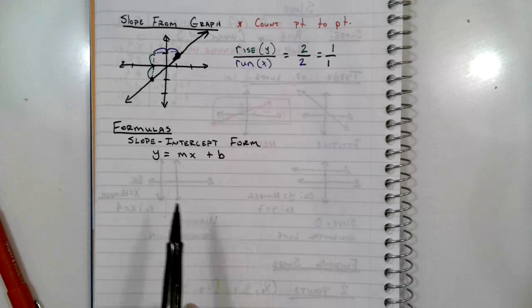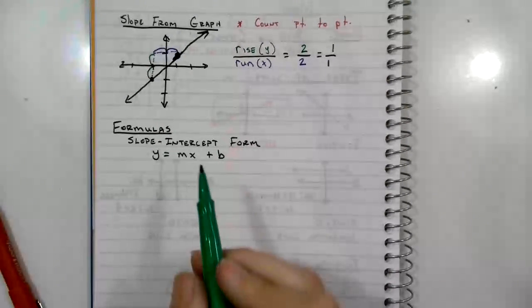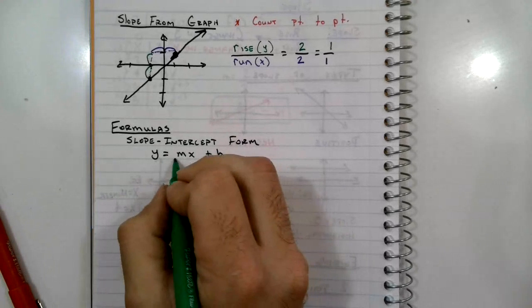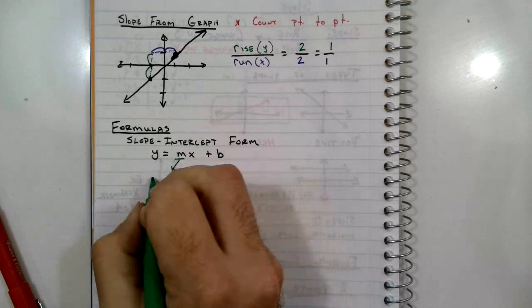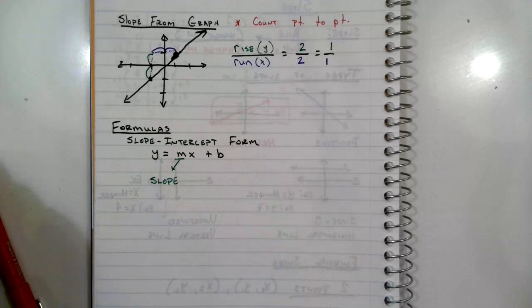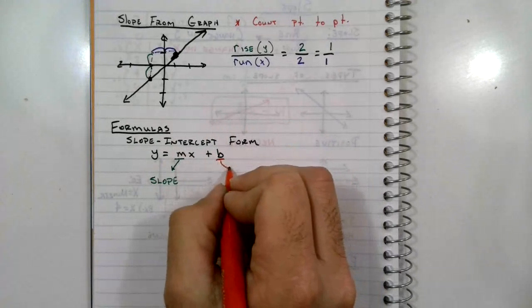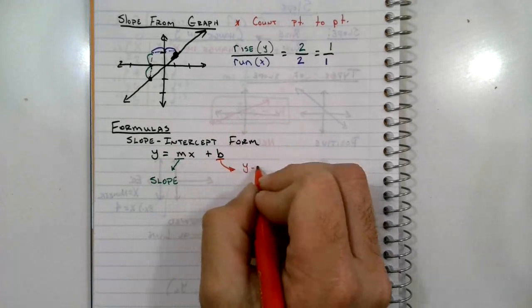If your formula is in this form, okay, you don't have to do anything. If it'll say like, what is the slope of this line? And it gives it to you in this form. M, whatever M is your slope. All right. And whatever B is, this is my y-intercept.